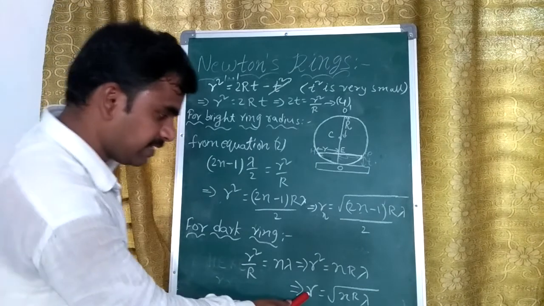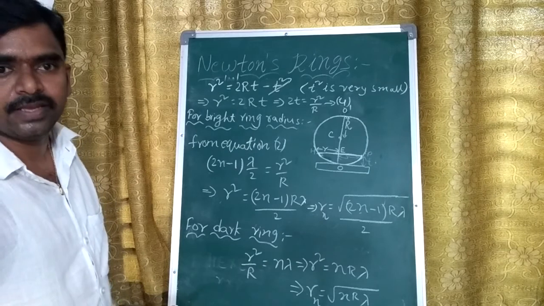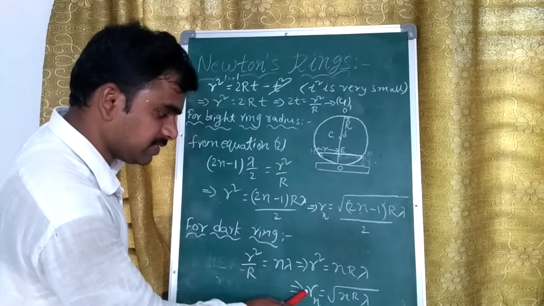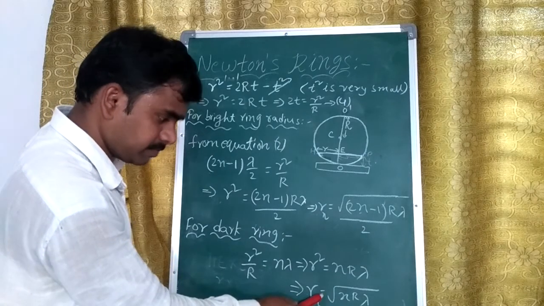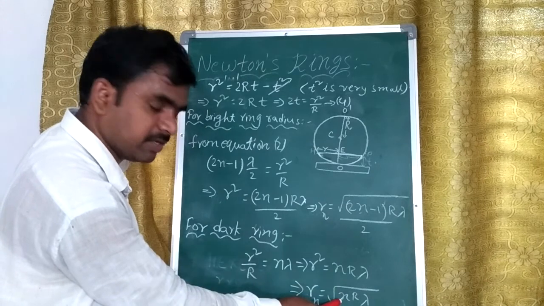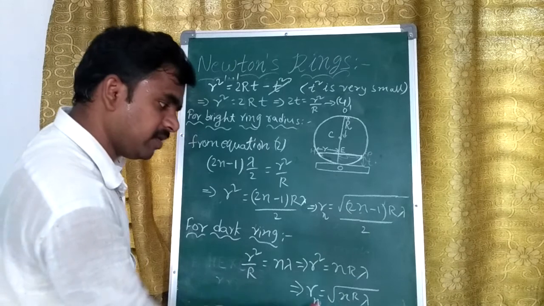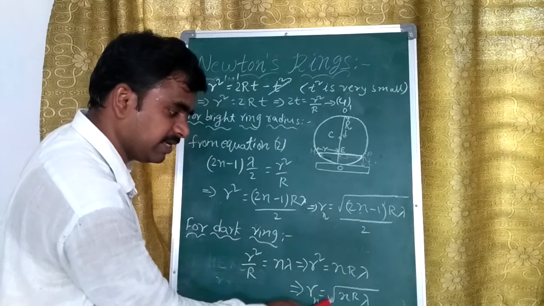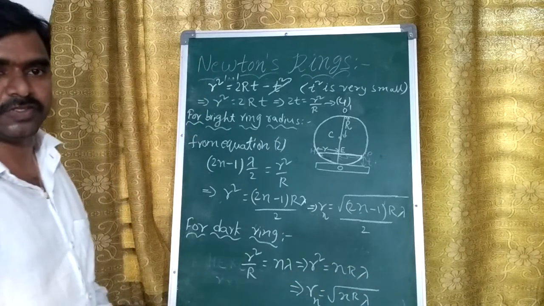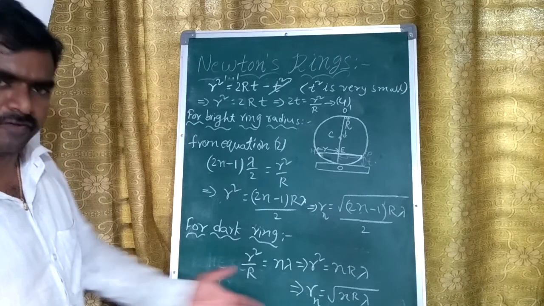That means for the radius of the dark ring, here also we have to put small n. n gives the number of the dark ring. So the radius of the dark ring is directly proportional to the square root of the number of the ring, the square root of the radius of curvature of the given plano convex lens, and the square root of the wavelength of the source of light.